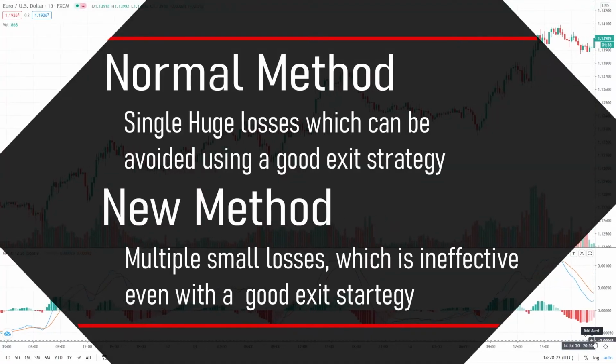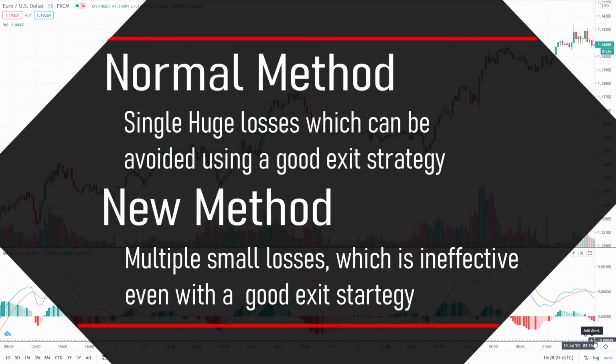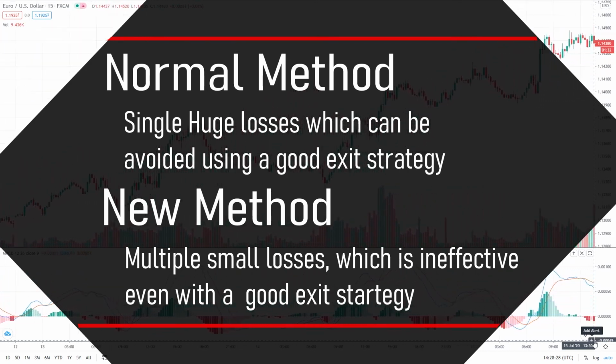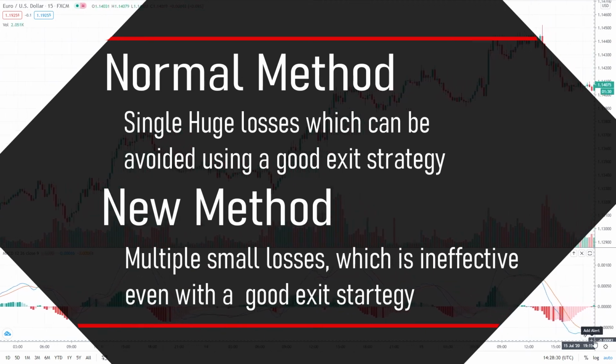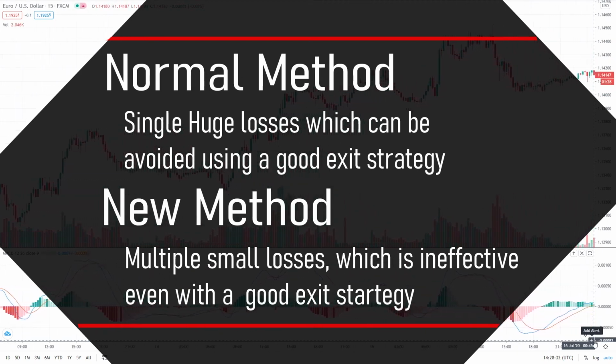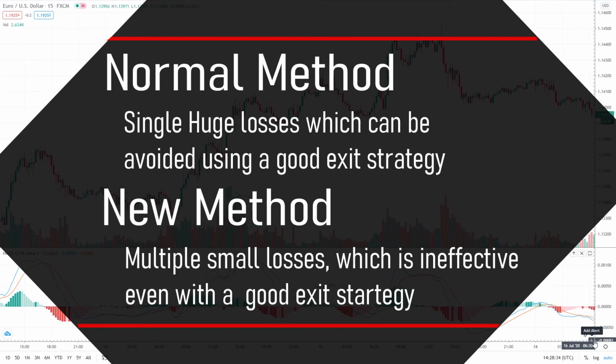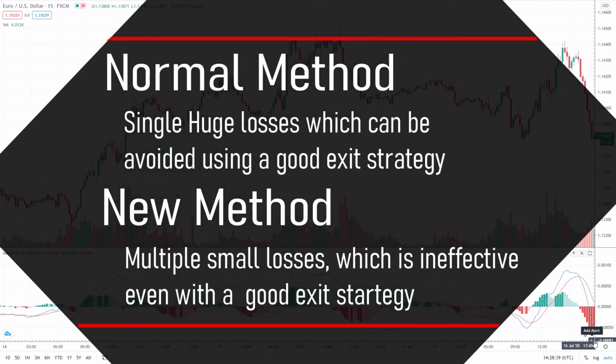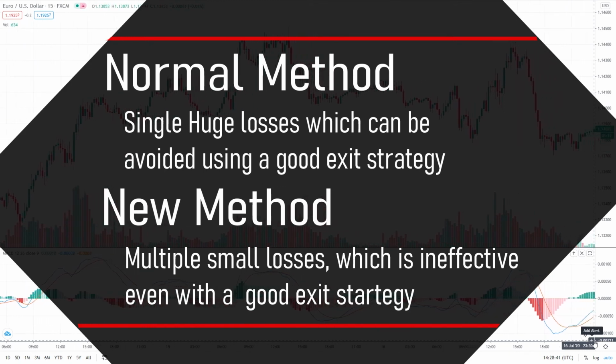Unlike the normal method, where most losses come from huge one trade losses, this indicator's losses mostly come from small yet continuous losses. So I think even if we used a tight stop loss and the correct money management, the results wouldn't be any better either because the odds are simply against us.